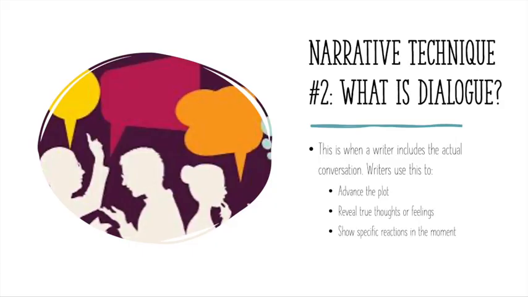Let's talk for a couple minutes about this next, the narrative technique number 2, which is the dialogue. So this is when a writer includes the actual conversations. And writers use this to advance the plot, reveal true thoughts or feelings, show specific reactions in the moment.